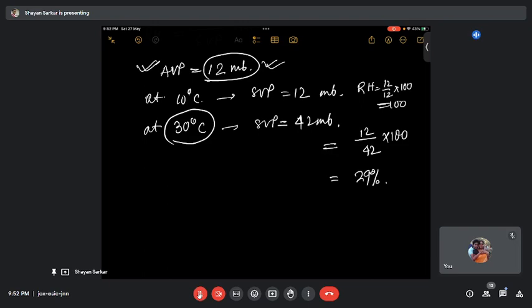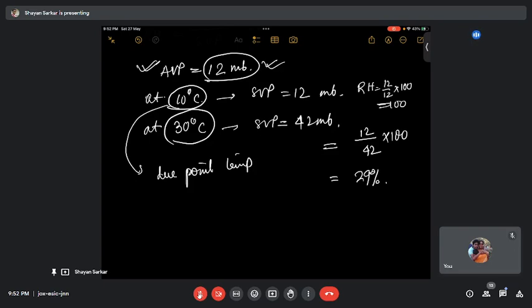And this 10 degrees Celsius is called dew point temperature. What is this called? Dew point temperature. That is, at dew point temperature, relative humidity reaches its maximum value, right?